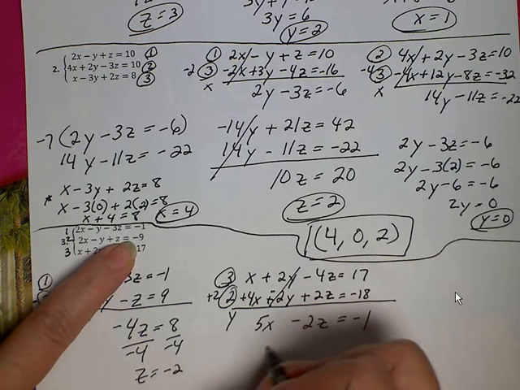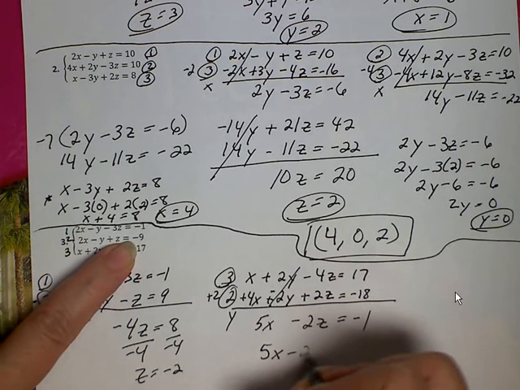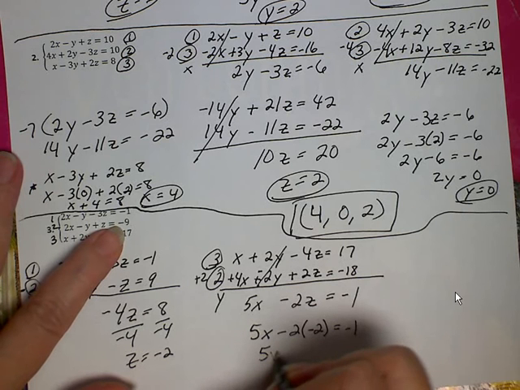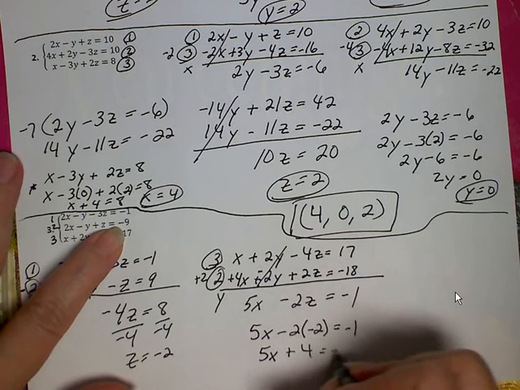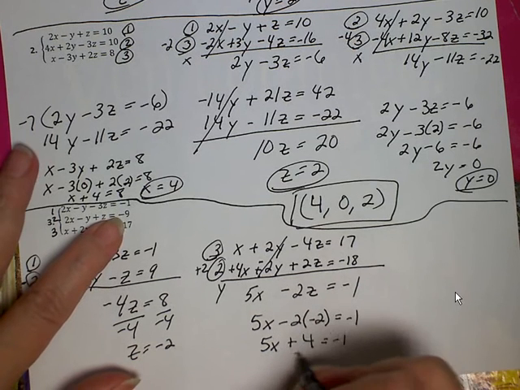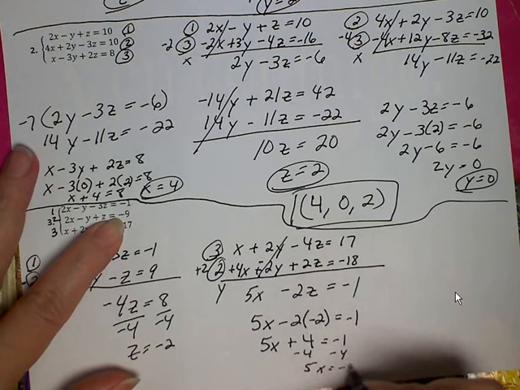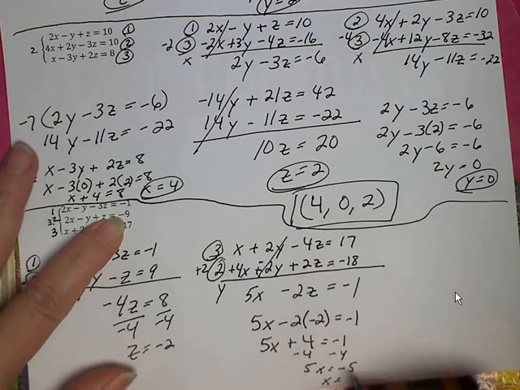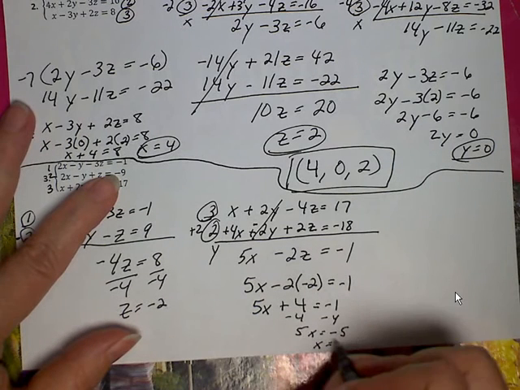So I have 5x minus 2 times negative 2 is equal to negative 1. 5x, negative negative is positive, 2 times 2 is 4, is equal to a negative 1. Subtract 4. 5x is equal to a negative 5. Divide by 5, x is equal to a negative 1.